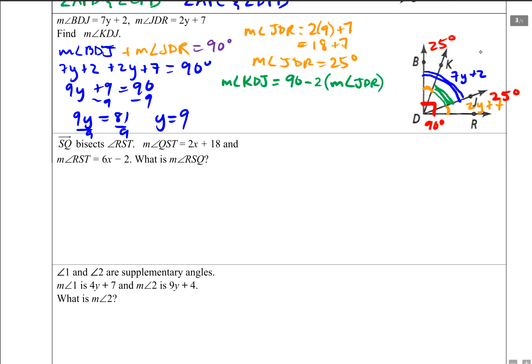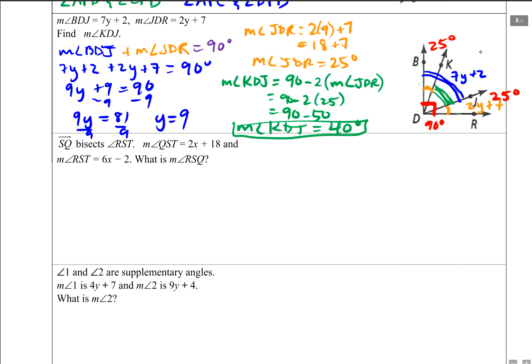Right? Because there's 2 of them. I'm subtracting 2 of them. To get green, I subtract 2 oranges. So that is just 90 minus 2 times 25, which is 90 minus 50. So the measure of angle KDJ is 40 degrees.